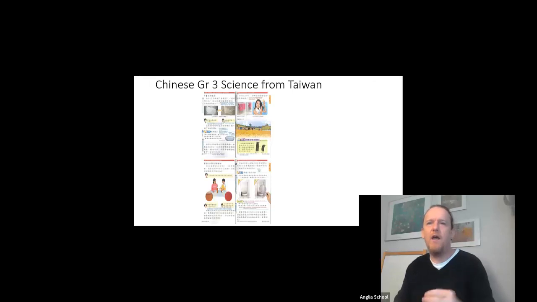So what we've got here is grade 3 science from a Taiwanese textbook. It's in Chinese. Initially you can see what some of the concepts are on these pages, even if you don't speak Chinese, like I don't. I can see that there's an amount of water in a Petri dish.